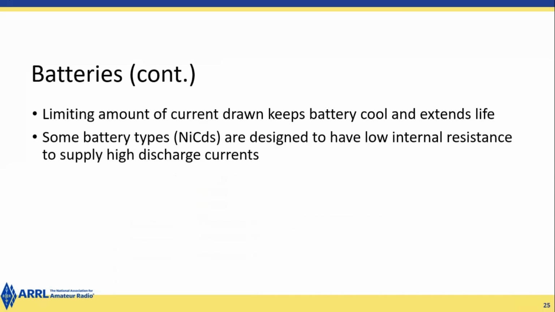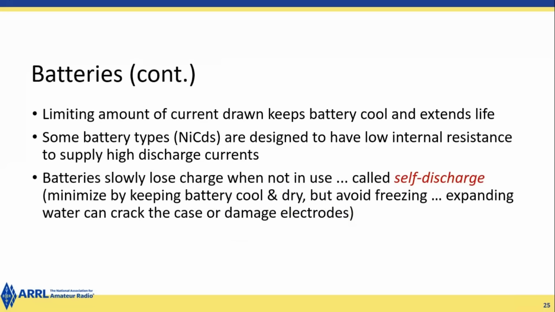Some battery types, nickel cadmiums, are designed to have low internal resistance to supply high discharge currents. So based on your application, you may need a certain type of battery that's right for it. Batteries slowly lose charge when they're not in use. That's called self-discharge.